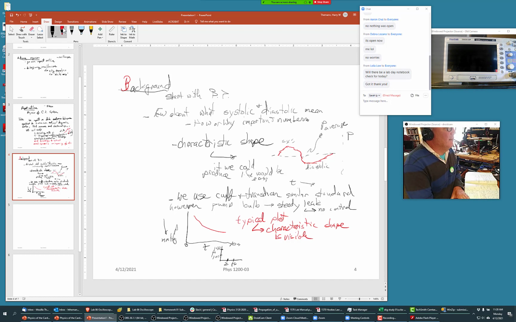And then you can show this, but then you can also point out that the transducer has a delta P, and I think it's only about 1 to 2, maybe at most 5 millimeters of mercury.